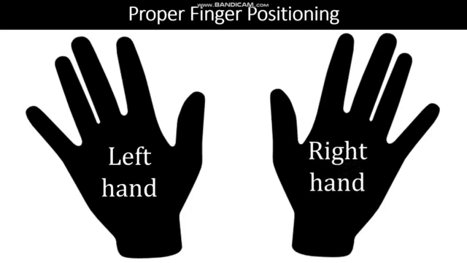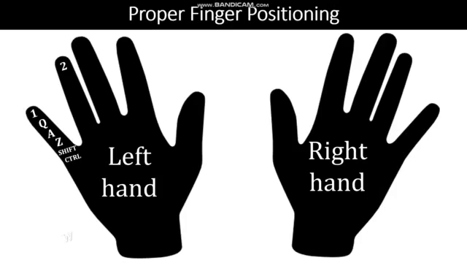Left hand, right hand, one, that means Q. Acha, see, one Q A Z, that means your left hand's little finger should be positioned so that it can type 1, Q, A, Z and the shift key or control key.